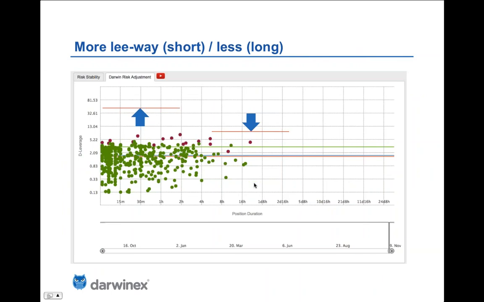And the other thing we have noticed is that the risk management algorithms were intervening way too much on short trades, and they were penalizing people who know how to play with short-term leverage. So as a result, for the first half of the duration of your typical trade, the risk management algorithms will give you more leeway without intervening.